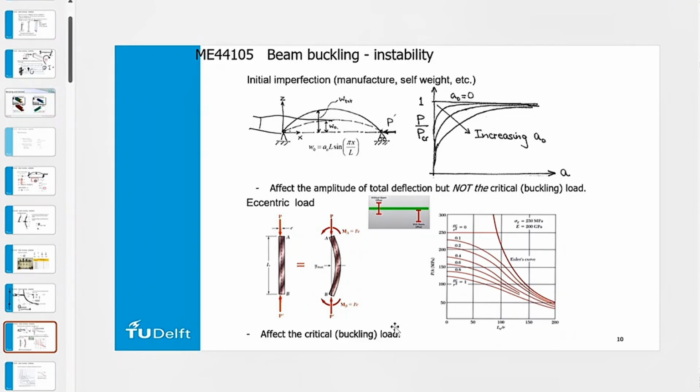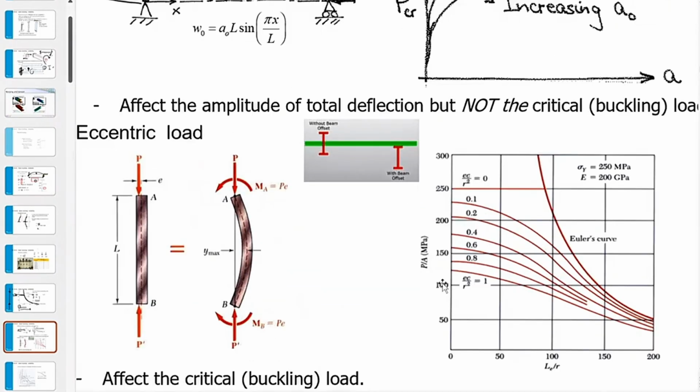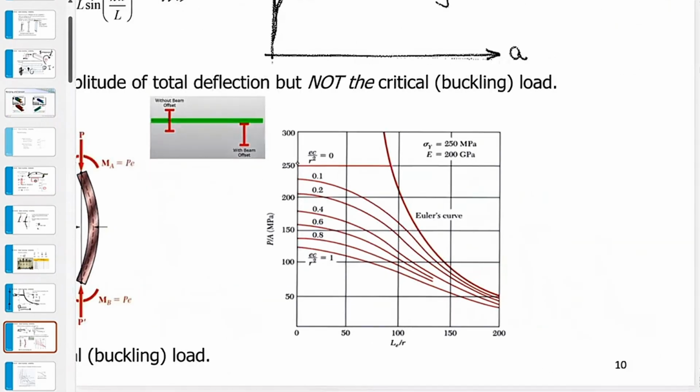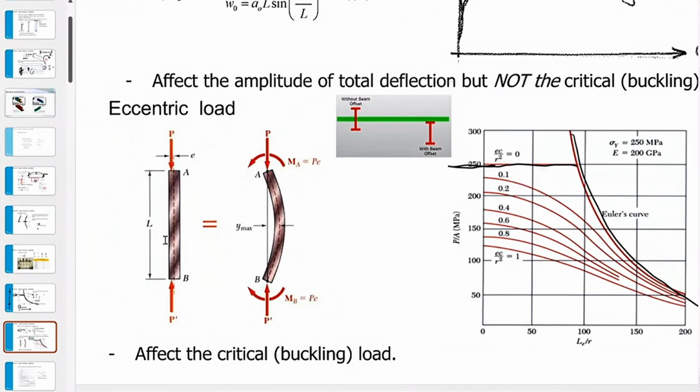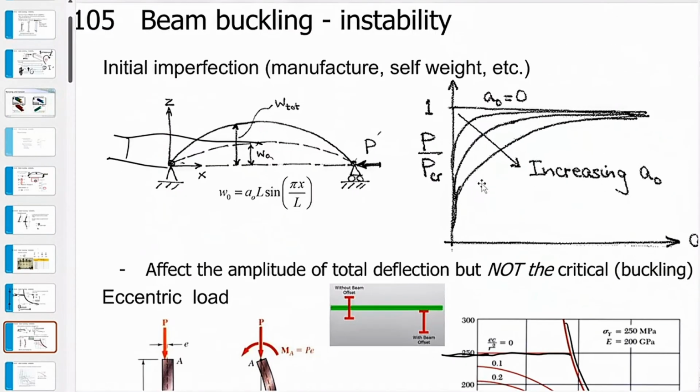And the other thing we see, if we have some kind of eccentric load, here's the original buckling length. If we do this in a simple formula and we ignore yielding, then this initial deflection does not have an impact.